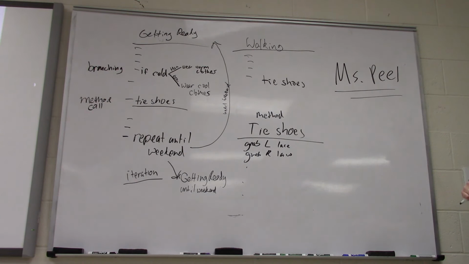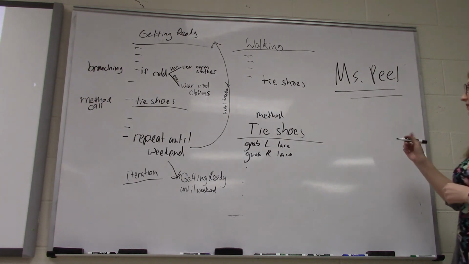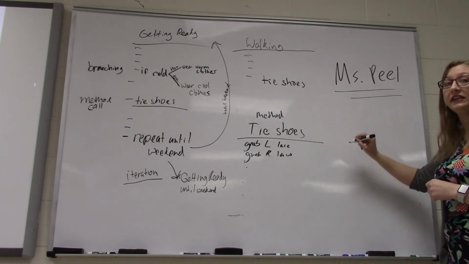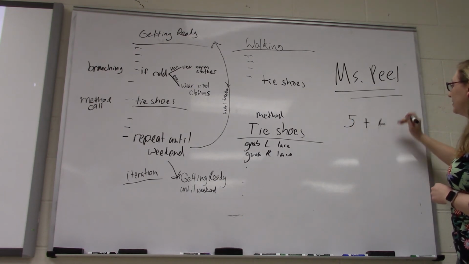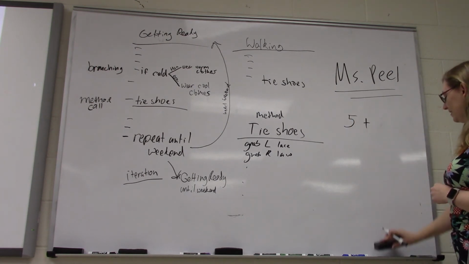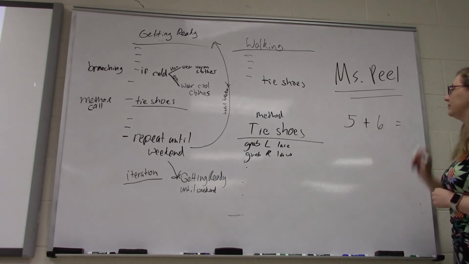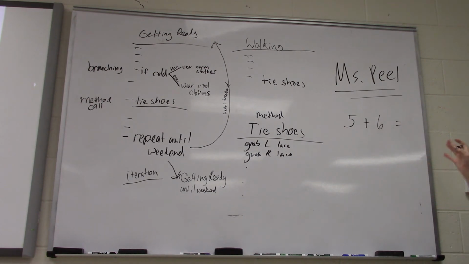So if I wanted to create an algorithm that added 5 plus 6, it's pretty easy, right? I just say 5 plus 6 equals, right? And it's going to calculate 5 plus 6. So that's great. I had my problem, I've solved it with my algorithm, right?